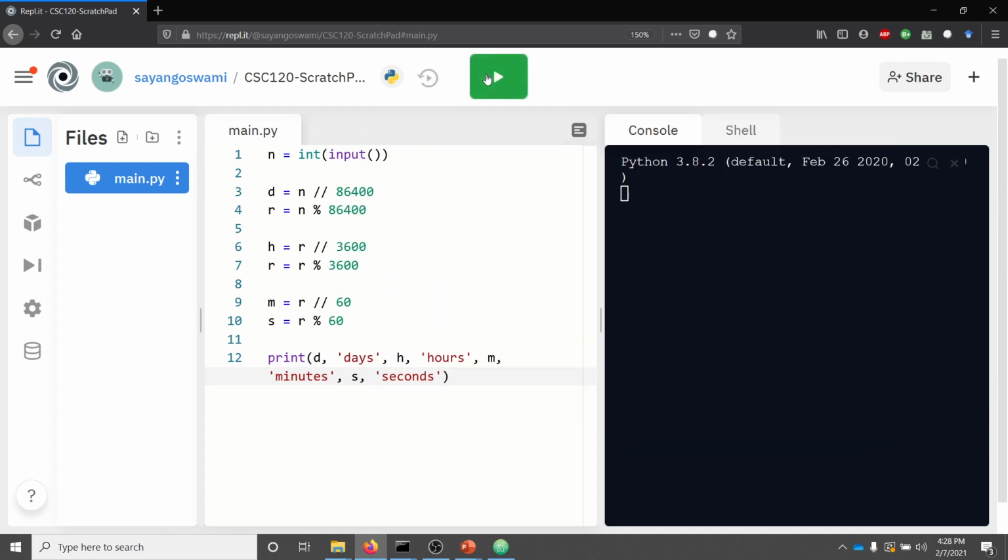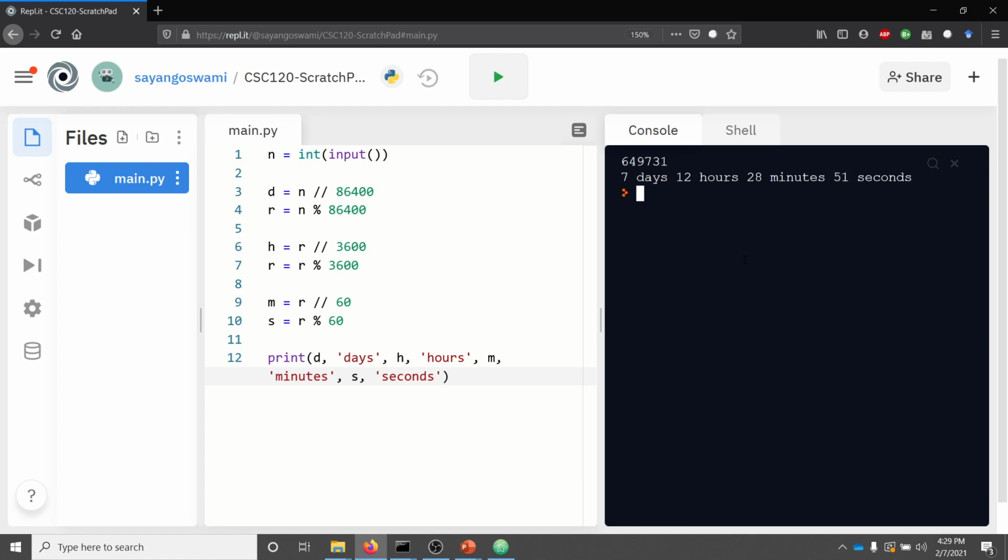So when you run this program and enter some random value, and you get the result, right? So this number of seconds, 649,731 seconds, is actually equivalent to 7 days, 12 hours, 28 minutes, and 51 seconds.